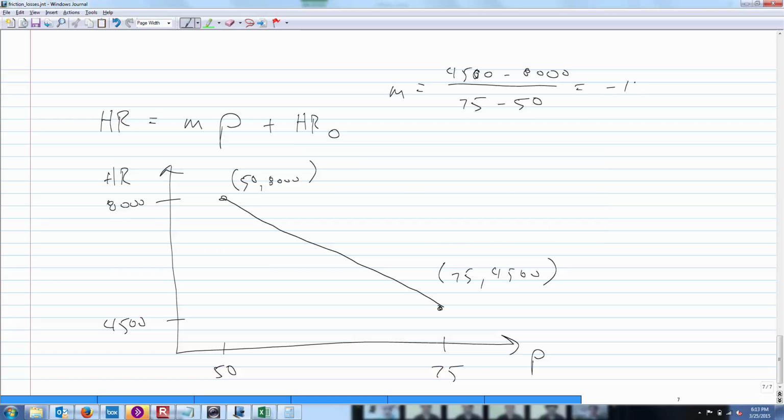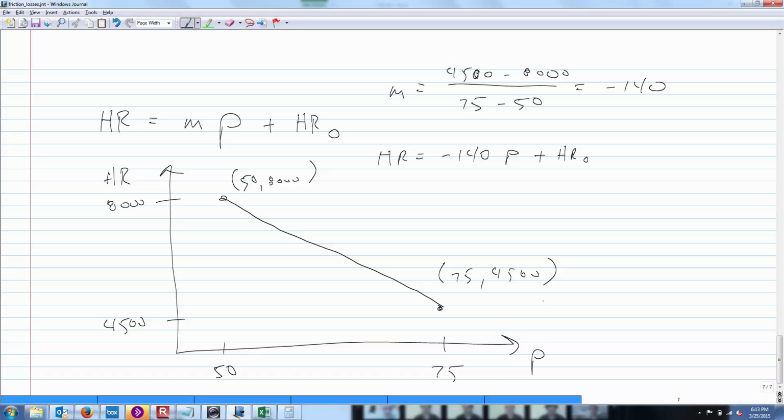So negative 140 is the slope of that line. So we'll come back and say HR equals negative 140 times pressure plus HR naught.